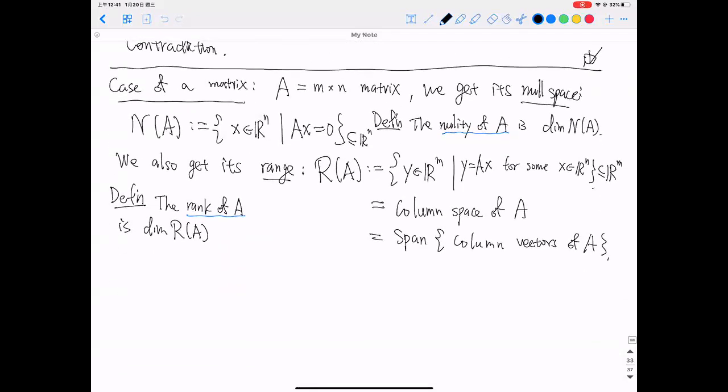By the same token, we can consider the row space of A. Well, its dimension doesn't really have a terminology, at least as far as we are concerned.